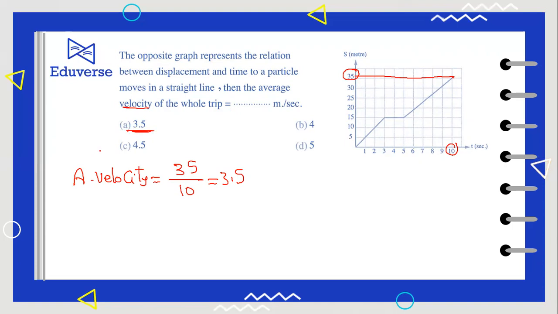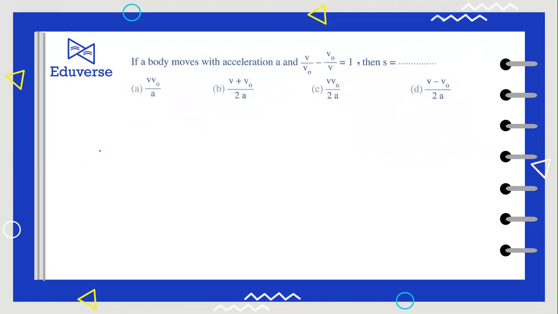Okay, next one. If a body moves with acceleration A and V over V naught minus V naught over V equals 1, then S equals which one here? By this equation, I have V over V naught minus V naught over V equal to 1.